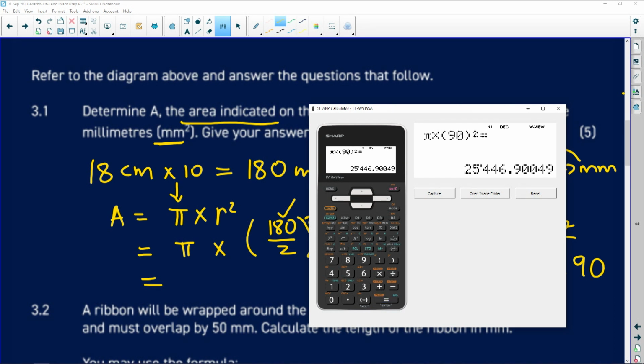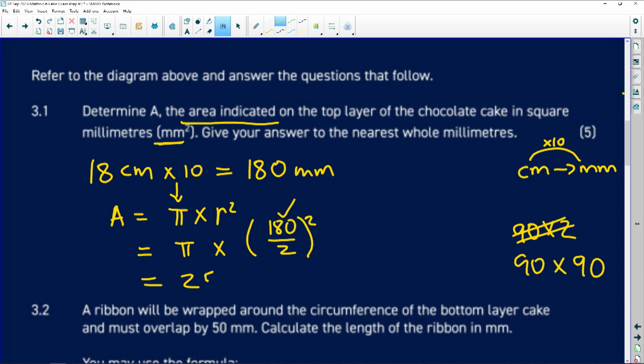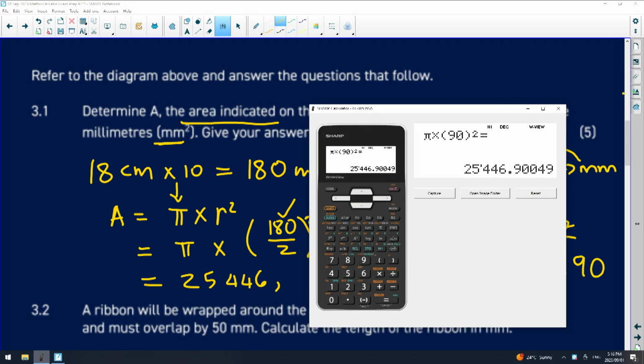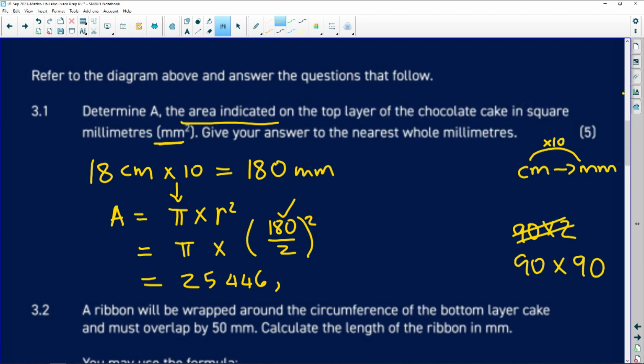Change. 25,446. So 25,446 comma 90. Remember, it's big because it's in millimeters. 90 millimeters squared, because it's area, né? So I'm going to go back to my question and see if I've really answered what I'm being asked.